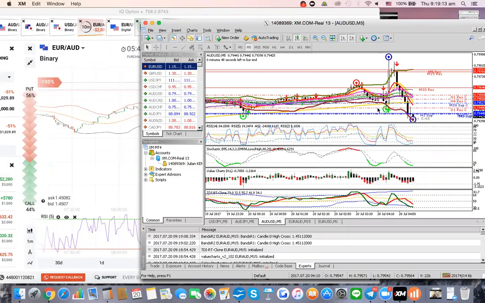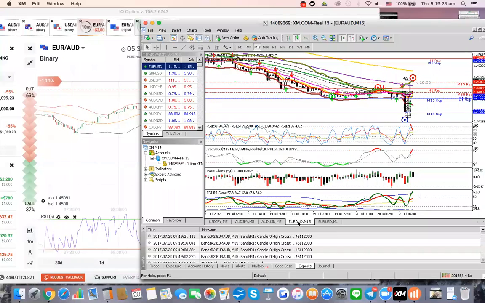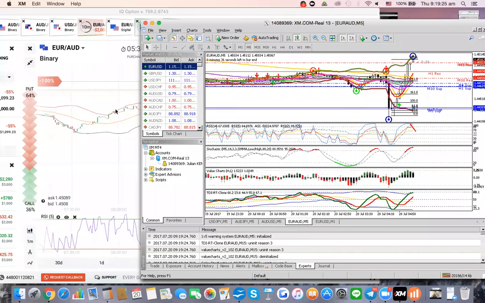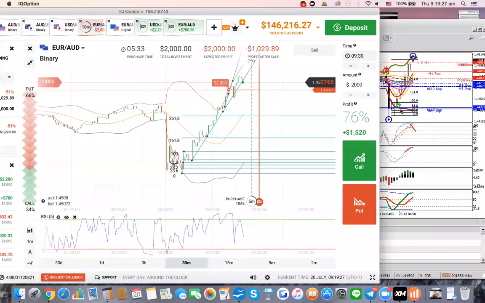I think Aussie USD is getting ready to reverse as well. So I can draw a trend line like that. Similar setup as Euro Aussie that we're into. Yeah, we could be okay with this position actually. He's making a lot of recovery from the top.